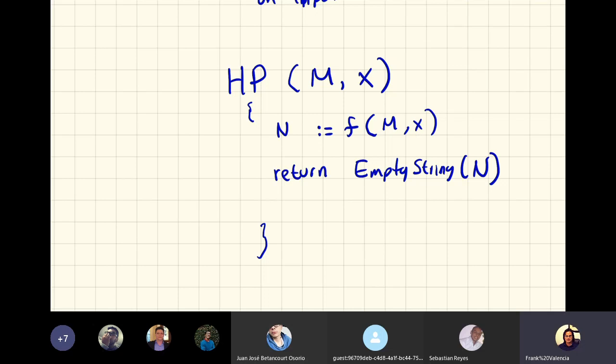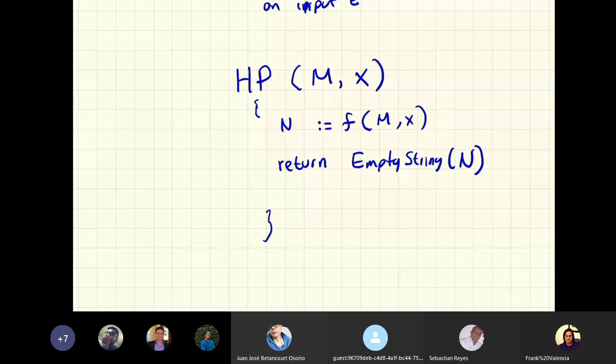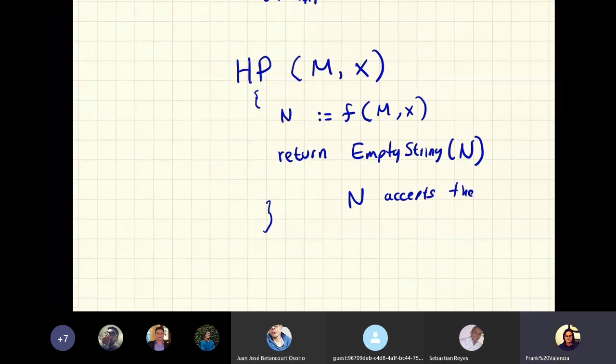That's the principle. So what you need to do is to find an n such that n accepts the empty string if and only if m halts on x.